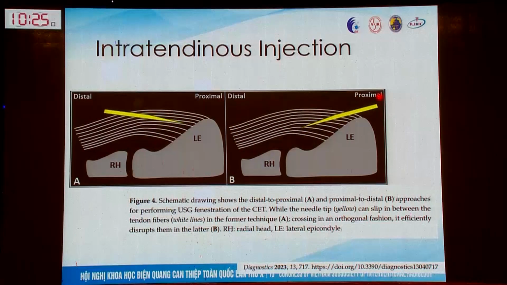You can see that if your needle goes from proximal to distal, you can cover a wider area. So they recommend that when we do the intervention for lateral epicondylitis, our needle should go from proximal to distal.